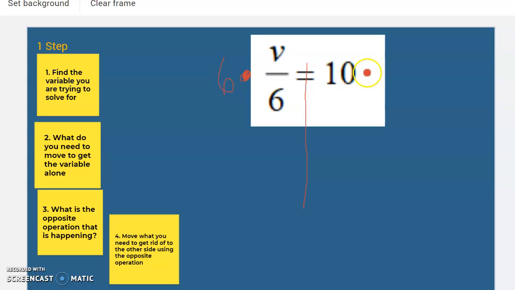So I'm going to multiply by 6 on both sides. So that way my numbers cancel each other out, and I'm just left with v equals, and 10 times 6, if I type that in Desmos, it's going to give me 60. Now v is alone, so we're at our final answer.